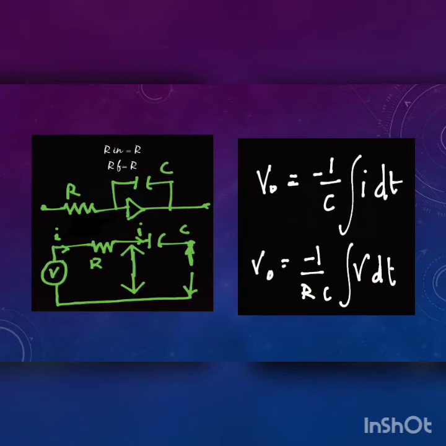V0 is equal to minus 1 by C integral of I dt. The C here is the feedback impedance and V0 here is the output voltage. Then it's virtually grounded in this circuit. V0 is equal to minus 1 by RC integration of V dt.